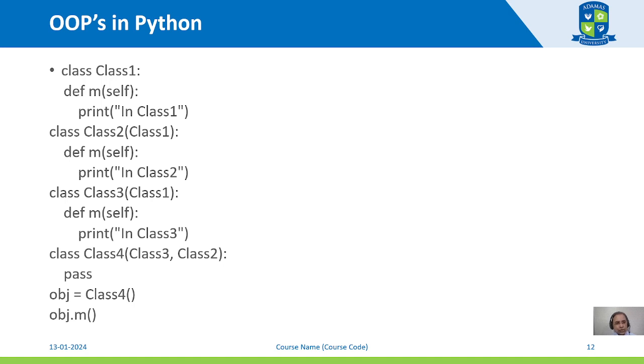And we have created another class called class 2, and we have given class 1. That means class 2 is inherited from class 1, and we have mentioned another data member function within class 2, that is def m(self), and print in class 2. Again we have created another class, class 3, and within brackets we have given class 1.